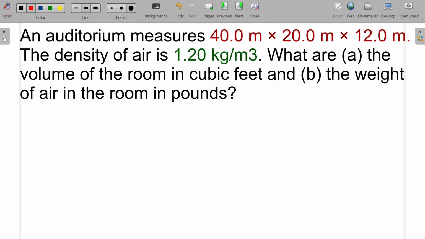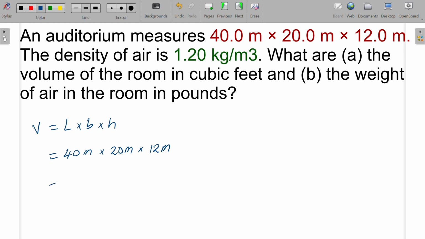Given this information, the volume of air will be given by LBH, so L multiplied by B multiplied by H, where L is length, B is breadth, and H is height. So it will be 40 meters multiplied by 20 meters multiplied by 12 meters.